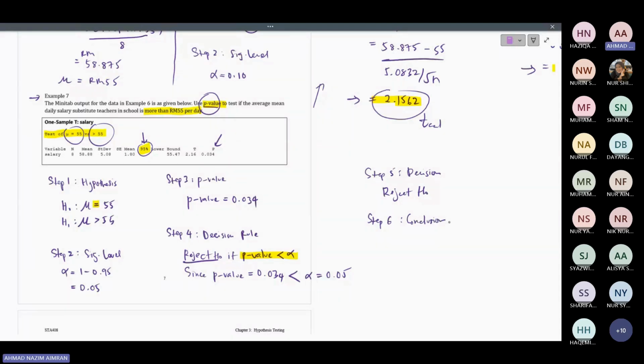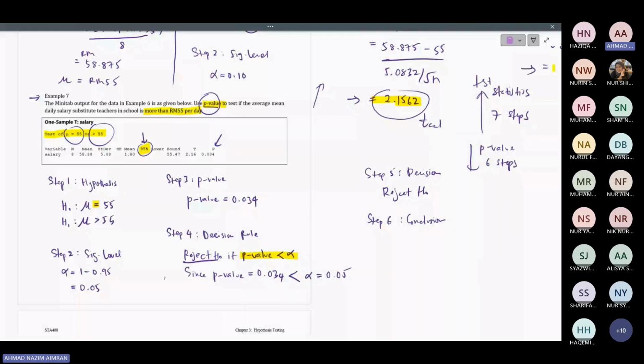Remember, if using test statistics, as in the previous example, we have 7 steps. And if using the p-value, we have 6 steps only.